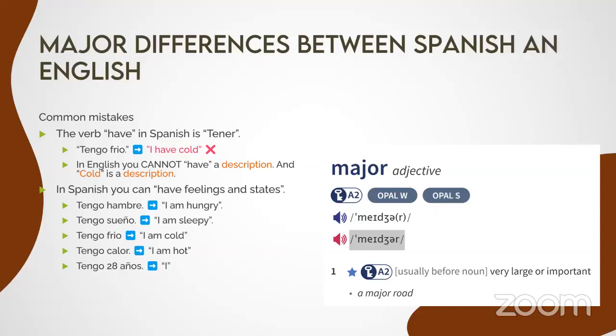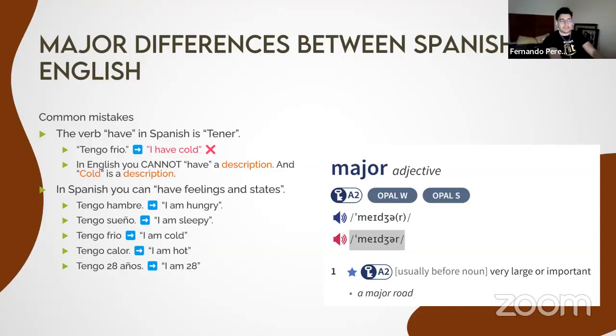I am 28 years old. The expression years old is optional. You see? What is the logic in this case?